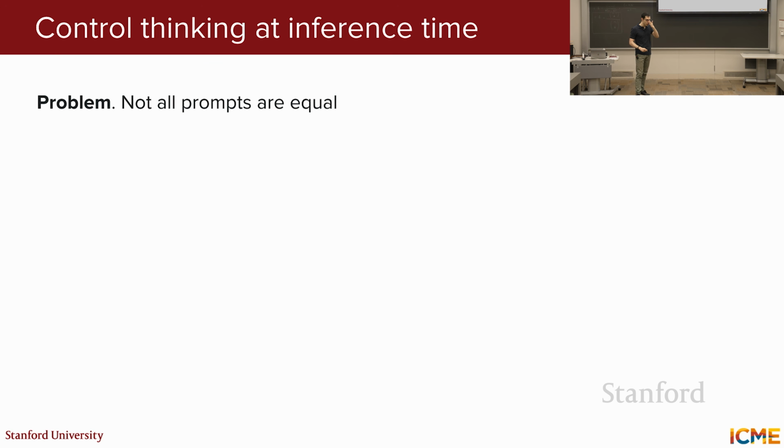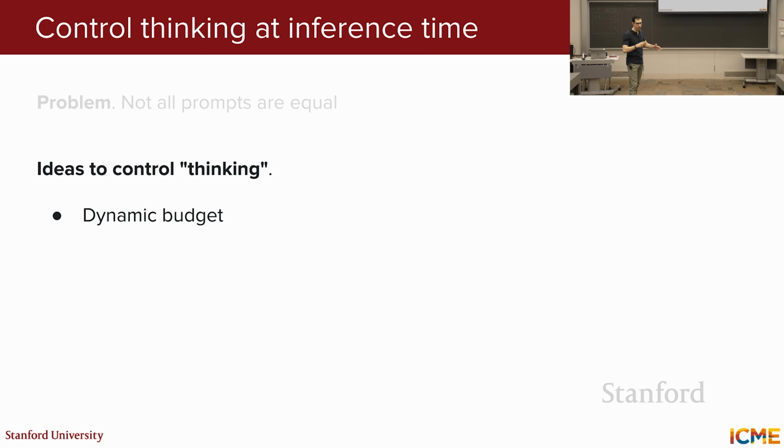Cool. But now you may wonder, let's suppose I'm teaching my model to think. Well, not all prompts are equal, right? There are some prompts that do not need the model to think too much, as opposed to other prompts which would need a little bit of thinking.